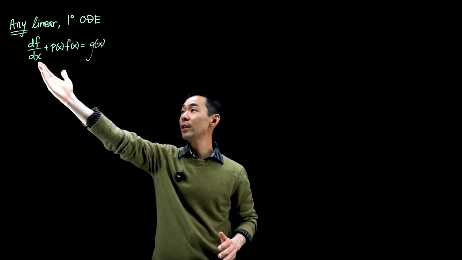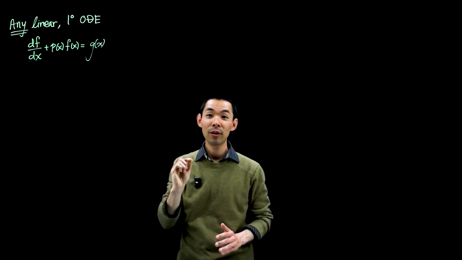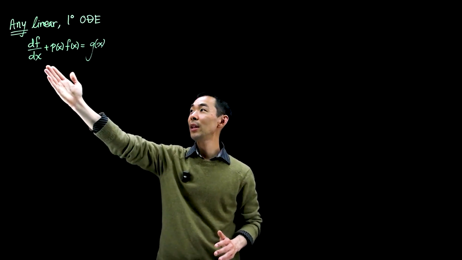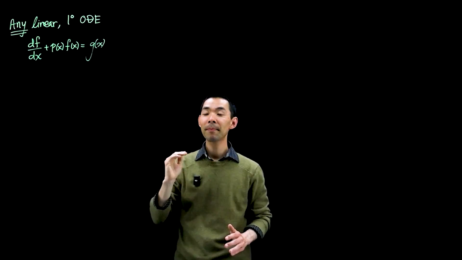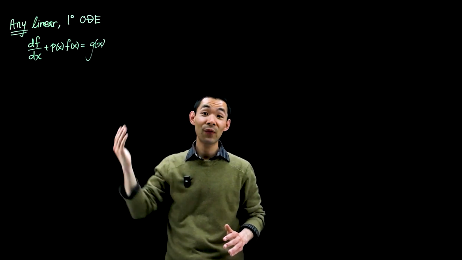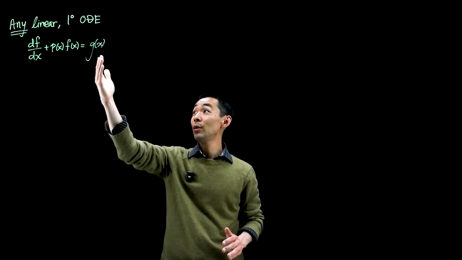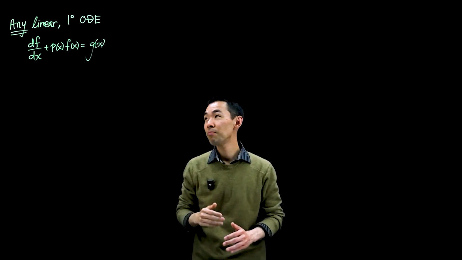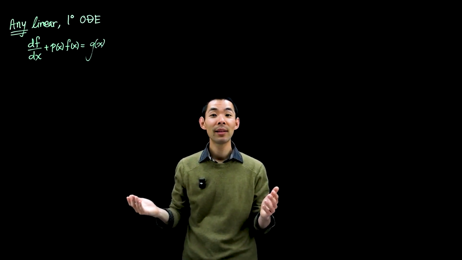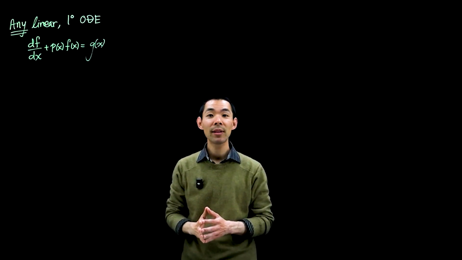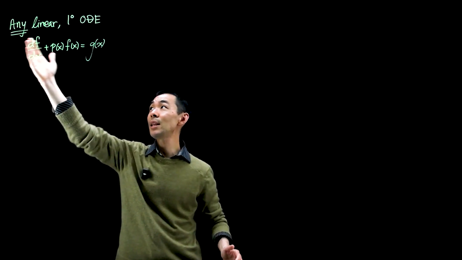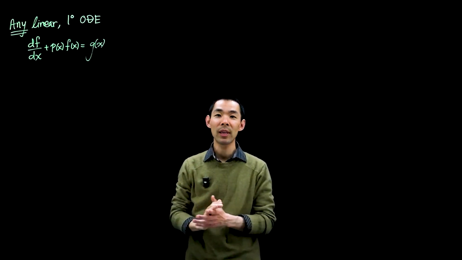We have a first derivative. f is the function you want. It appears in linear form only. And it's a first-order equation. And like I've shown here, the right-hand side, g of x, can exist or not. If it exists, it's non-homogeneous, but it doesn't matter. That's why I wrote any linear first-order ODE.